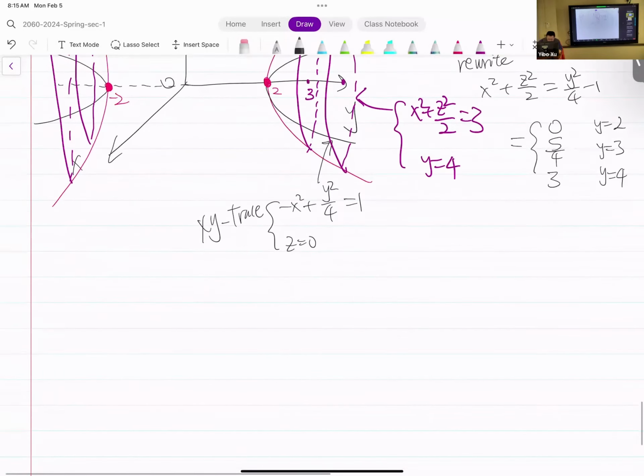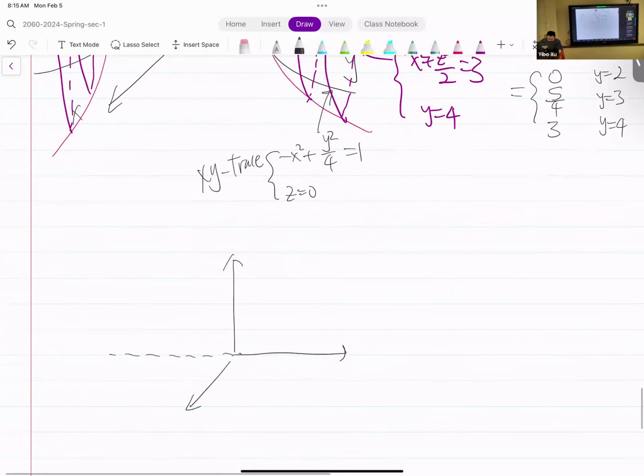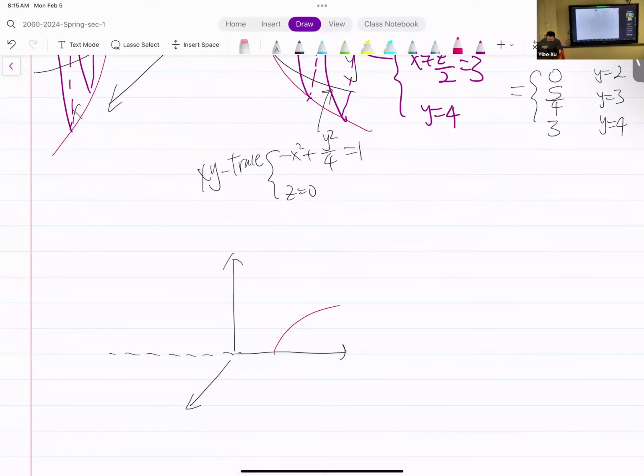We have two pieces here, and they are symmetric in terms of the vertical plane. So quickly sketch it. It's symmetric. There's something like this. We have an ellipse. We have another ellipse. And it's symmetric on the left hand side as well.